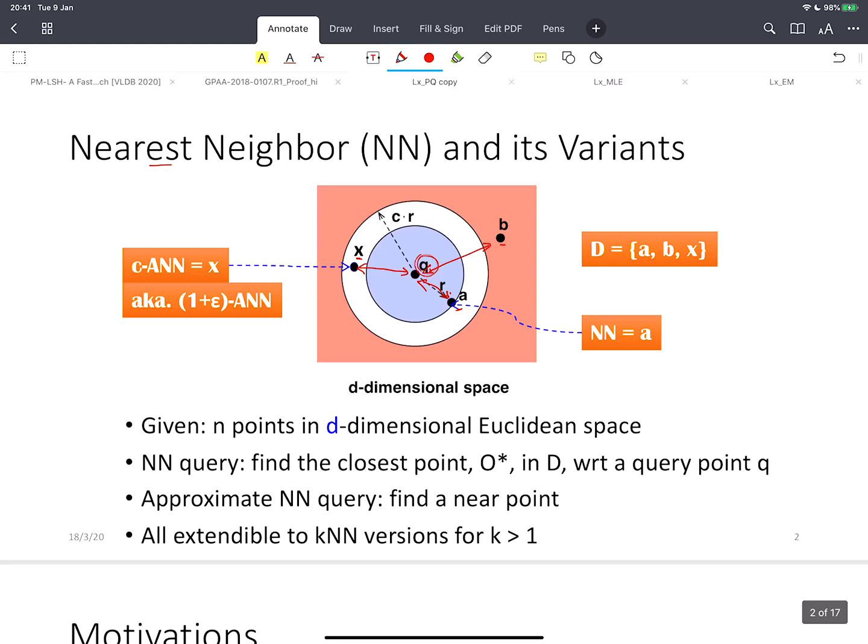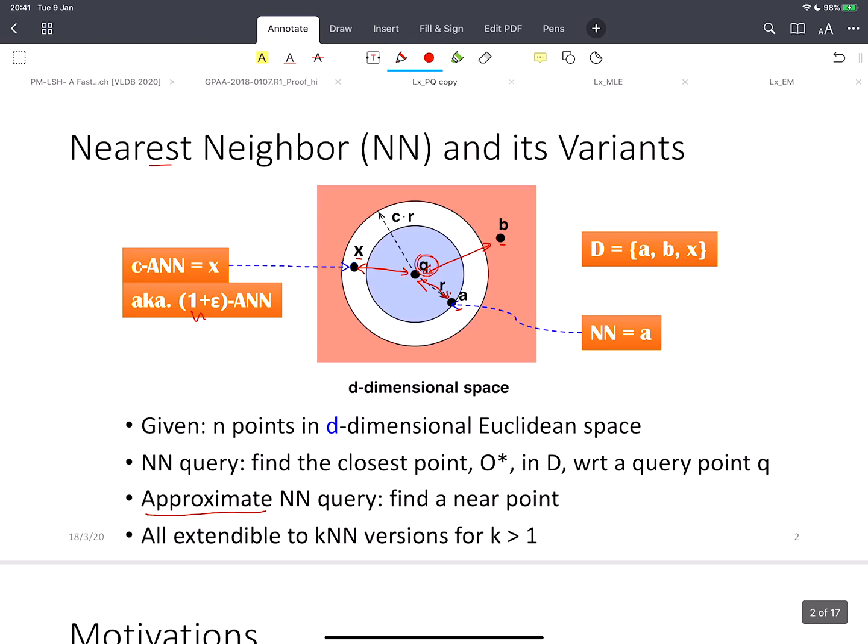And it turns out that there are several variations. One of the variations is they all try to relax a few things. One of the things is you can say, okay, I don't really insist on getting the real nearest neighbor, but I'm okay as long as the returned points are not too far away from the nearest objects.